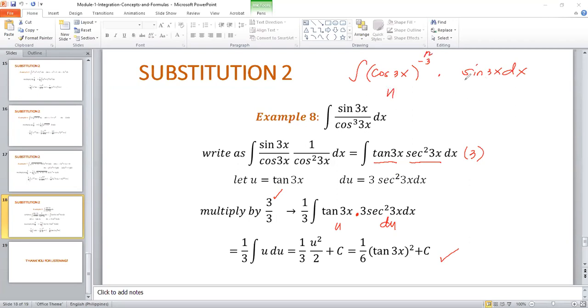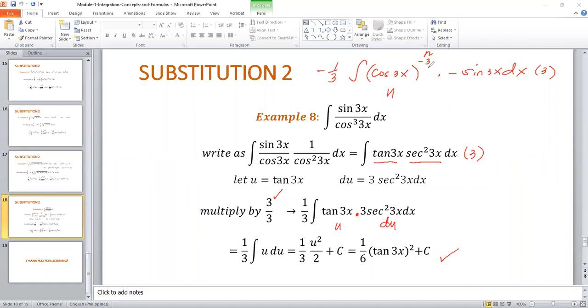So this should be du. What's the derivative of the cosine 3x? It's negative sine 3x times 3. So what do I lack? I introduce a negative 3 here, so I should place here negative 1/3. Okay? You get it?